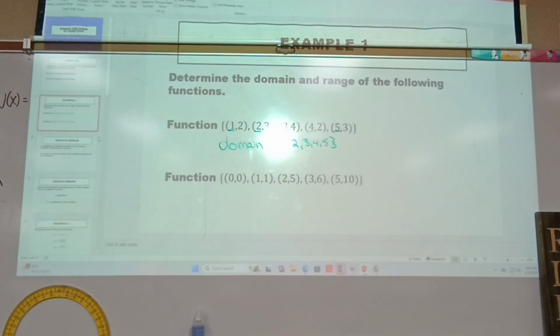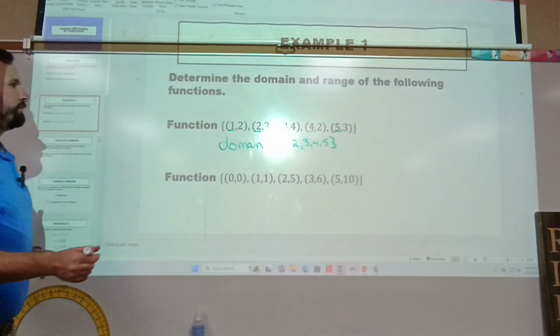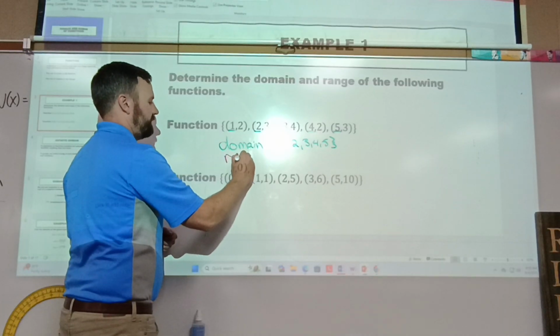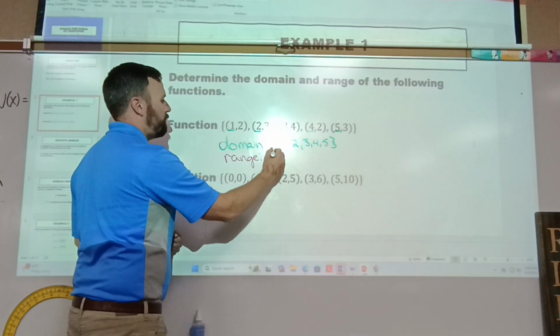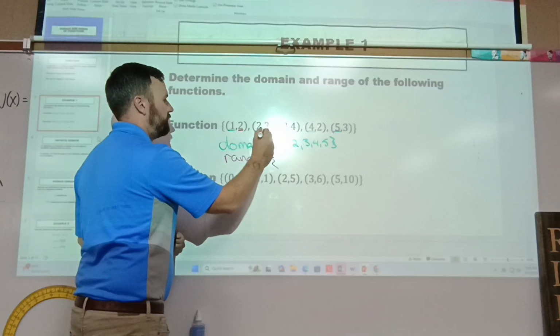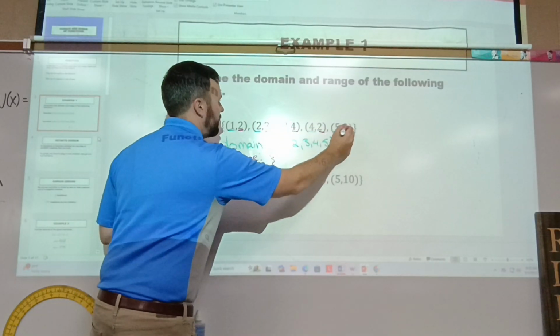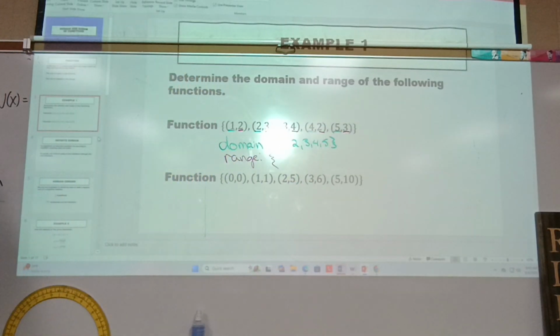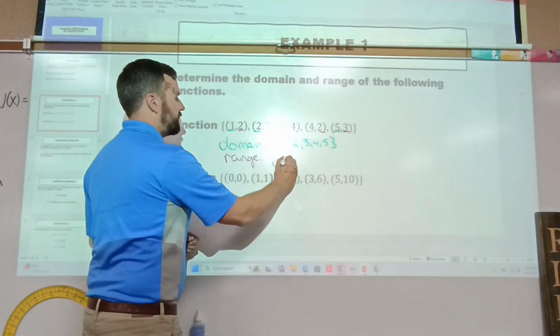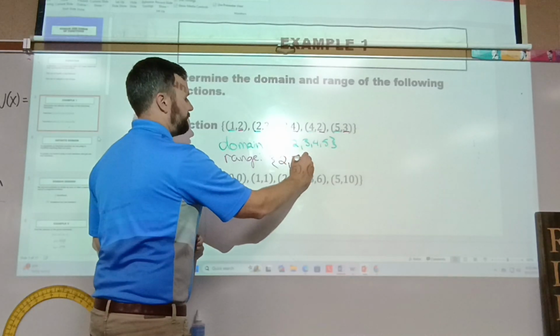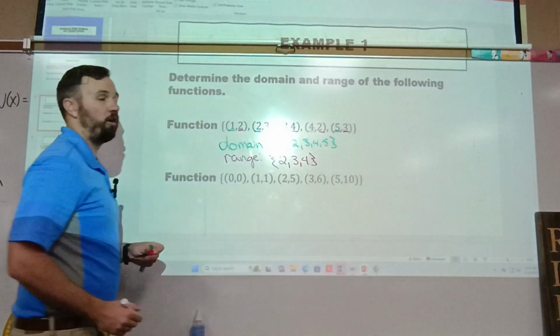That's everything X can be. My range is my y's. 2, 3, 4, 2, 3. Now, if 2 comes up twice, am I going to list it twice? No, I don't need to list it twice. So 2 comes up, a 3 comes up, and a 4. That's all my y values.